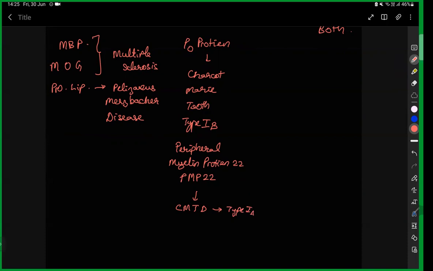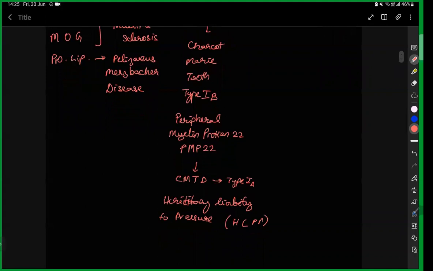Apart from it, you have hereditary liability to pressure palsy, another disease. You call it HLPP disease. It is an autosomal dominant disorder characterized by pressure-related mononeuropathy.